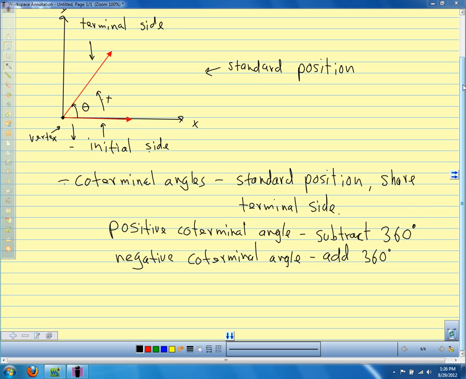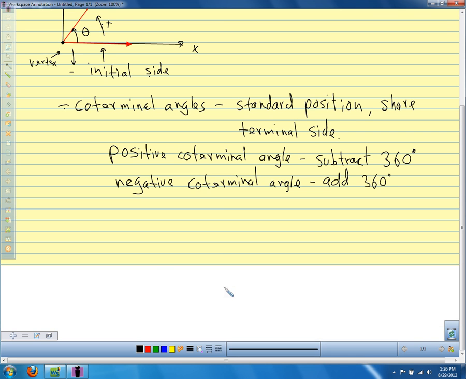That will give us different coterminal angles for the angle that we're interested in. And when we talk about the quadrant that the angle lies in, a lot of times we're interested in the quadrant. The quadrant that the angle lies in is asking what quadrant is the terminal side in.